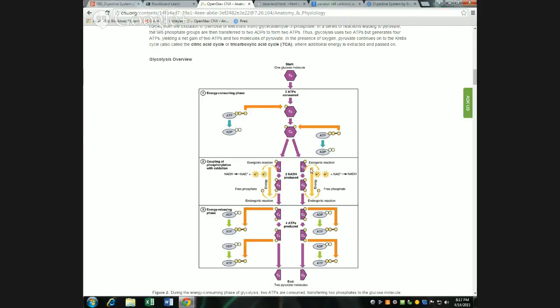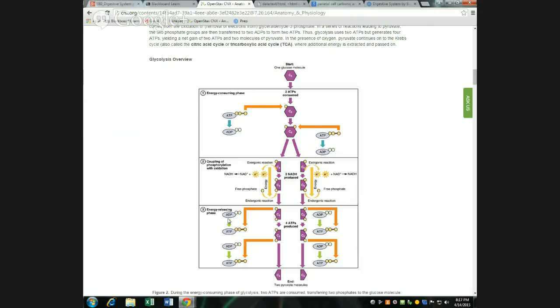And then we break that into two pieces, which are not yet actually pyruvate. But in the process, we go through a few changes where we harvest some energy, somewhat in the form of electrons and somewhat in the form of phosphates that come off, energy that is harnessed as phosphates attached to ATP.